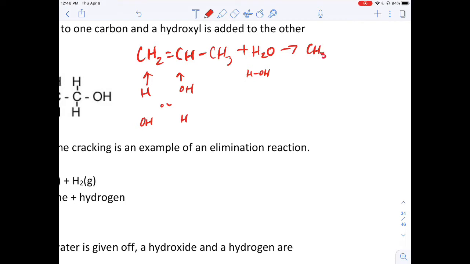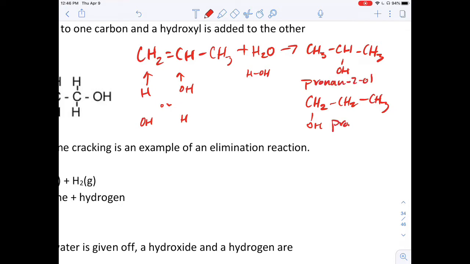So I might get CH3, CHOH, CH3, and I could also get CH2OH, CH2, CH3. And so this would be propan-2-ol, and this would be propan-1-ol.